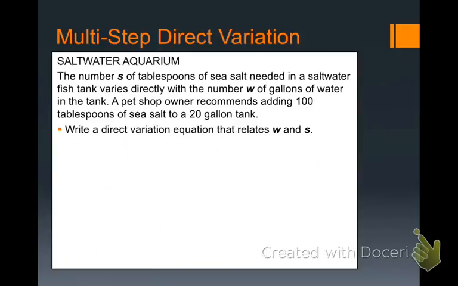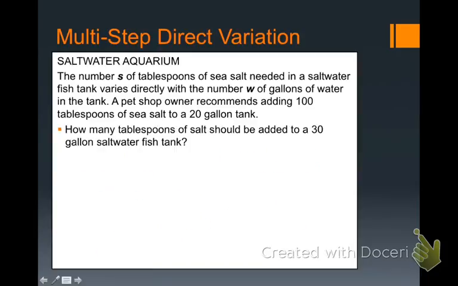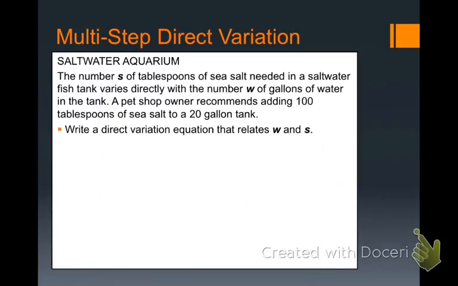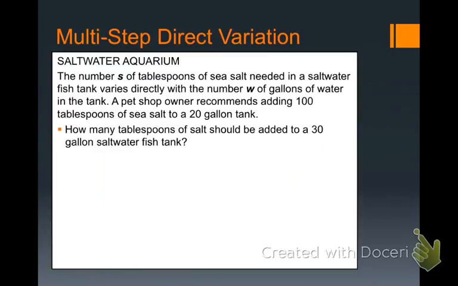Now we can use that equation to answer the next part of the question. Again, S equals 5W, and we want to know how many tablespoons of salt should be added to a 30-gallon saltwater fish tank.